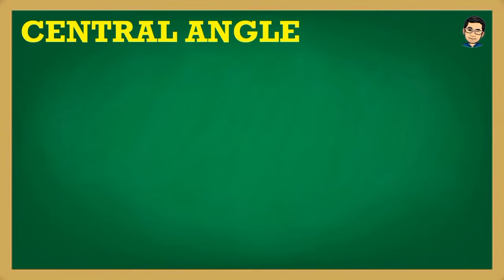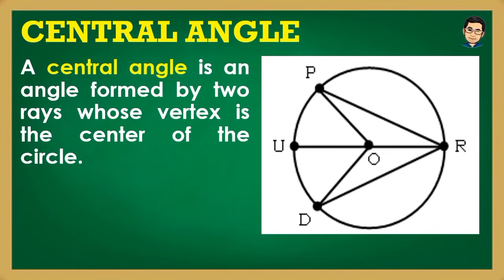So, let's have the first type of angle, which is central angle. A central angle is an angle formed by two rays whose vertex is the center of the circle. So, pakita natin yung central angle na isa. So, formed by two rays. Ito siya. Ito. Tsaka to.